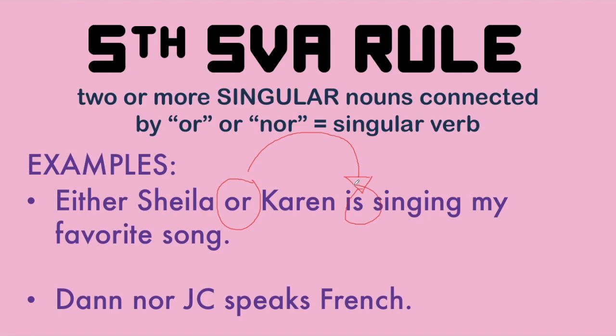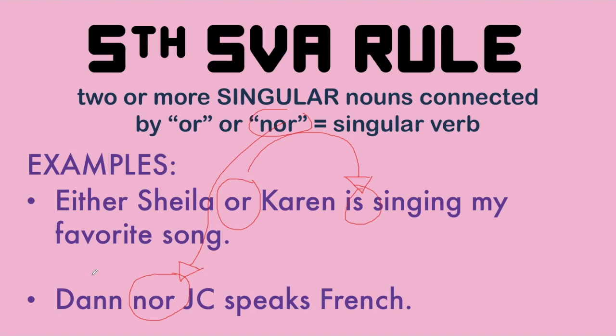We go to the next sentence. Dan nor JC speaks French. Okay, we have nor here, see? And when we talk about nor, we are pertaining to no one. So it means that no one knows how to speak French. Not Dan, not JC.